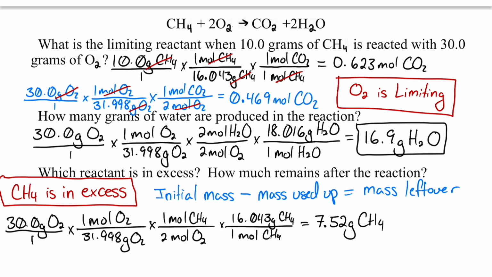So the next thing I'm going to do is take my initial 10.0 grams of methane, subtract the 7.52 grams that was used up in the reaction, and that'll tell me how much is left over. And rounding to significant figures, we get 2.5 grams of methane is left over.